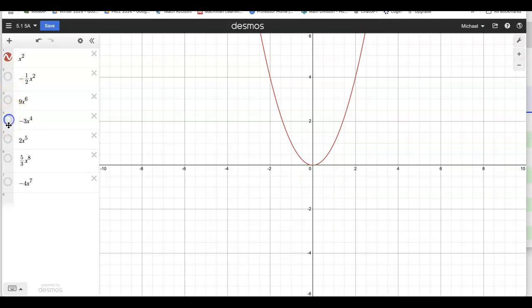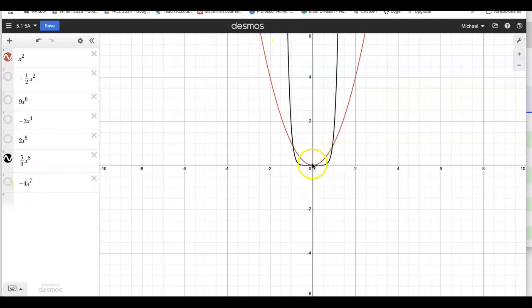Concave down. 2x to the 5th is going to be an odd function where some of it is positive, some of it is negative. This one, however, you'll notice, has the same end behavior.